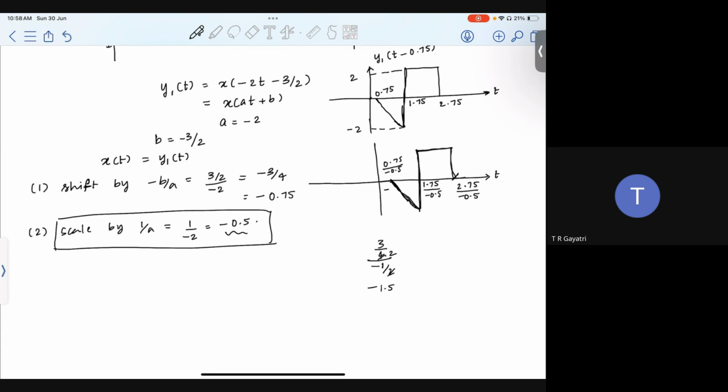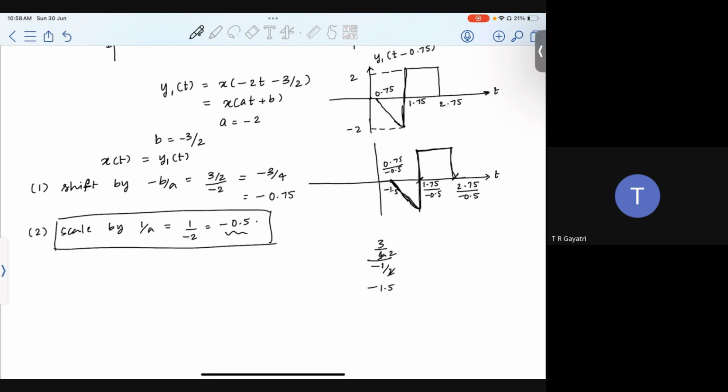So this is minus 1.5 and this is 1.75 divided by minus 0.5, that is 175 by 100 by minus 5 by 10, which is minus 3.5.